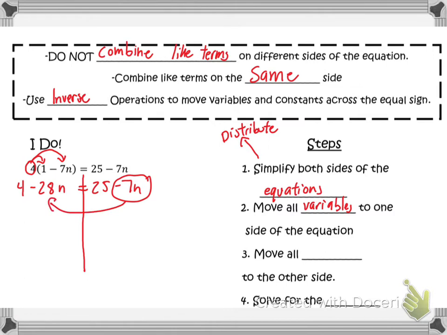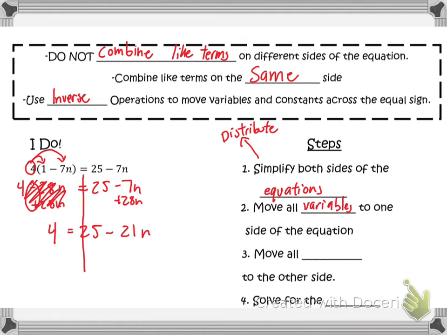I'm going to choose the negative 28n over because I want to work with the positive. I'm going to add 28n to both sides. Notice how I had to do the inverse operation, plus and minus, that way this cancels out. So I have 4 is equal to 25 minus 21n.